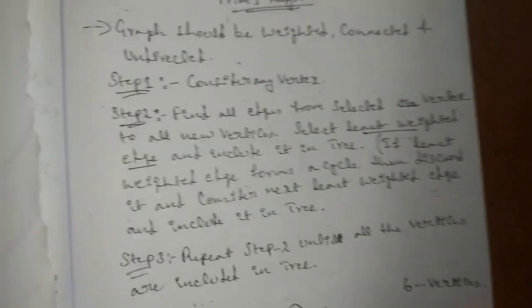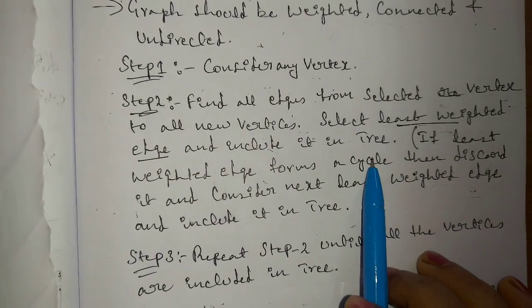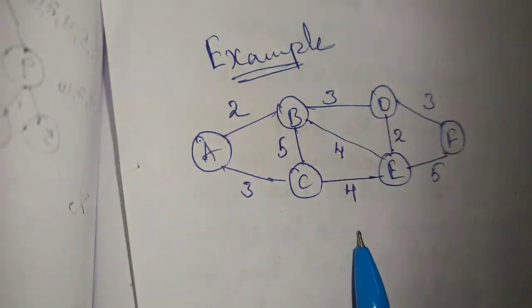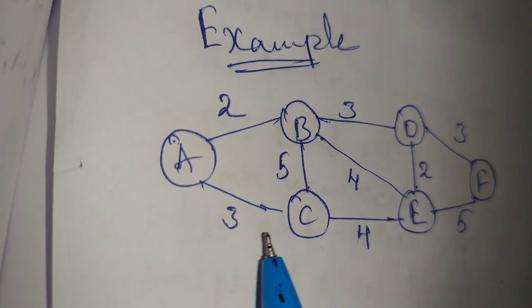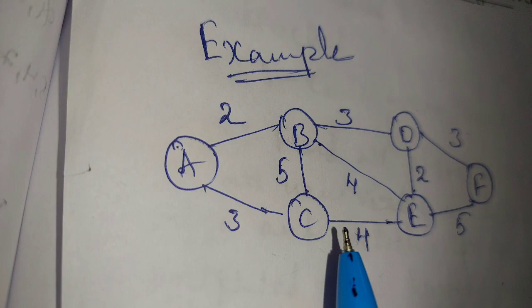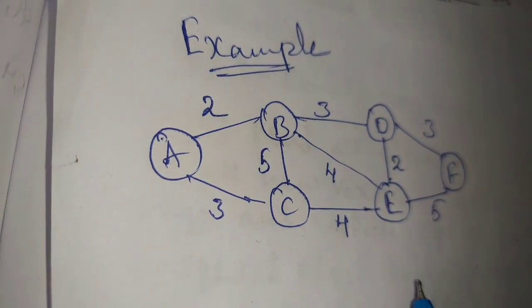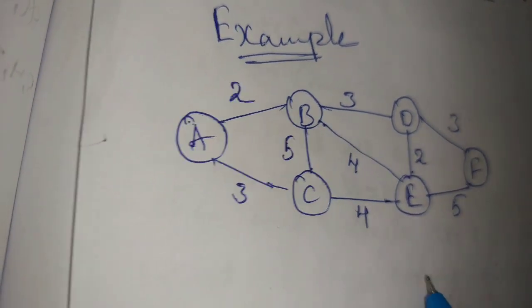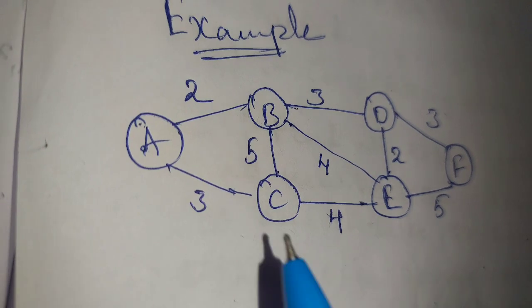These are all the steps we have to follow to construct a graph for minimizing the cost of the tree. This is an example graph. See the graph here: A to B, B to C, A to C, B to D, B to E, C to E, D to F and E to F. This is a graph, and what is the cost of this graph?